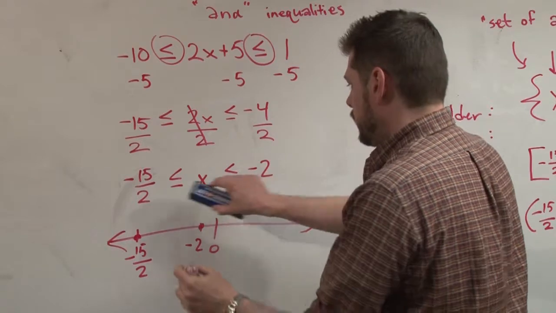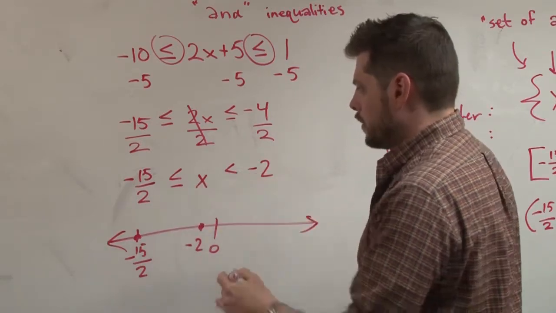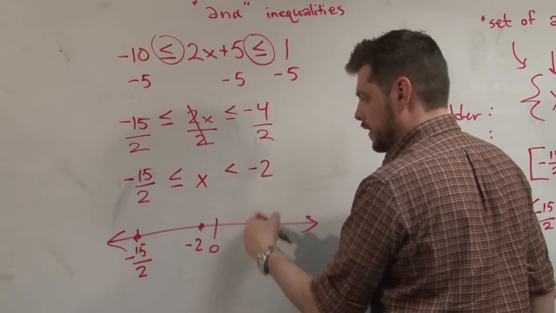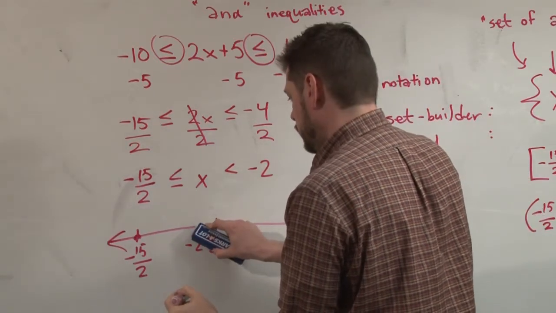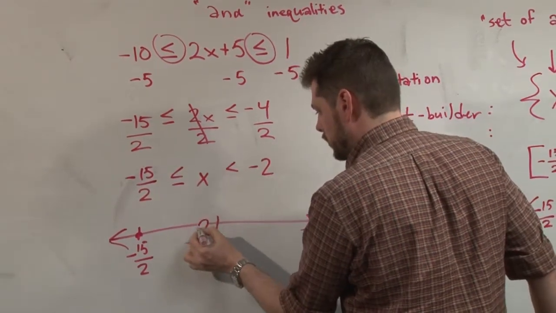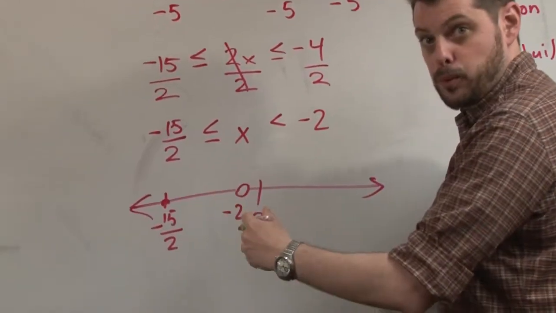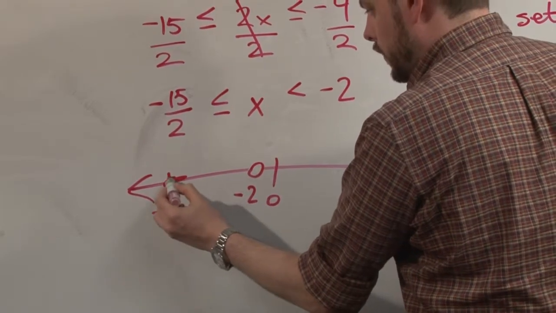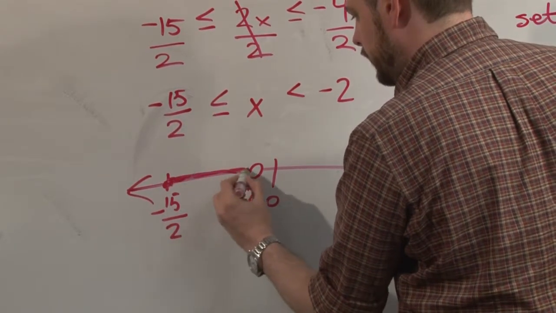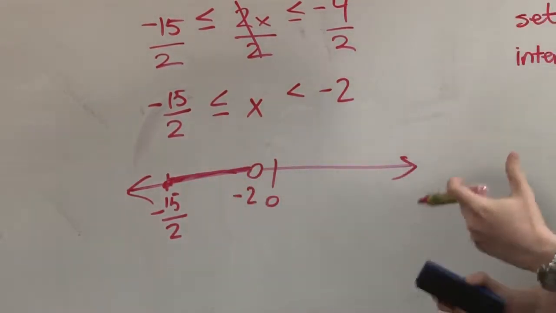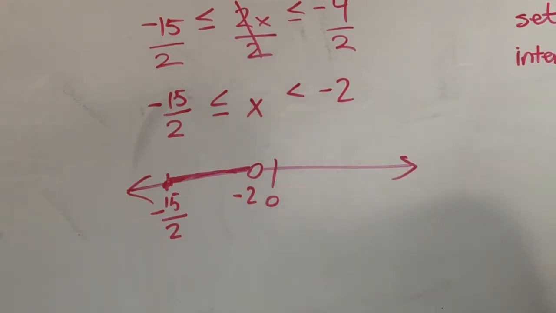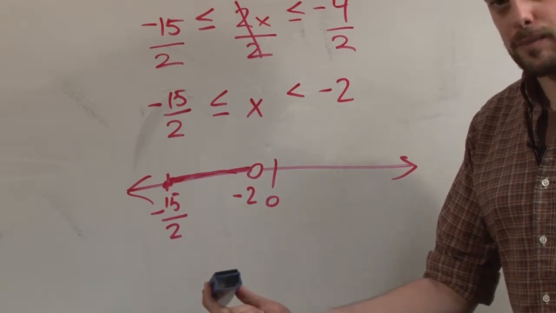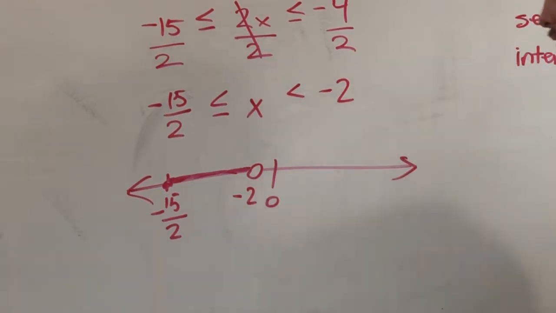If I had this interval going from less than or equal to x, but I'm not including 2, it's less than negative 2, then the way that I would mark that on my number line is I would draw a circle around it. Every point up to, but not including. And then I would fill in my interval here. This is the visual representation of the interval that I'm describing. But you can't just show your professor a picture of the number line. You have to write it in more mathematical terms.